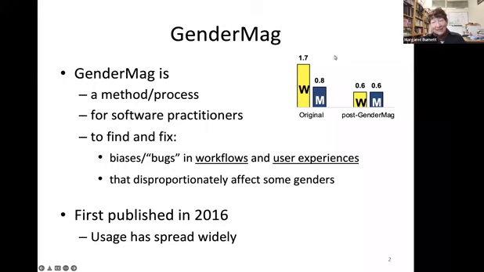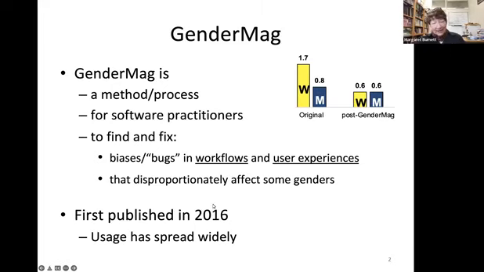And after they had fixed the things that they found, and they found these things using GenderMag and then verified them empirically to discover this empirical rate, after they fixed the things they had found, which was before they ran the empirical studies, both the men and the women had reduced numbers of bugs, and the gender gap completely disappeared. In that study, there were only 2 genders, but GenderMag works for any number of genders. It's not just about 2 genders. So that's what GenderMag is.